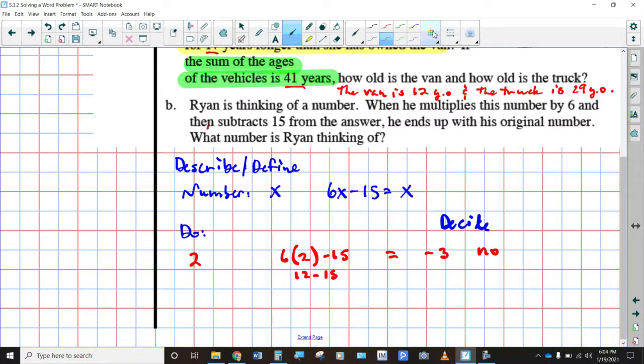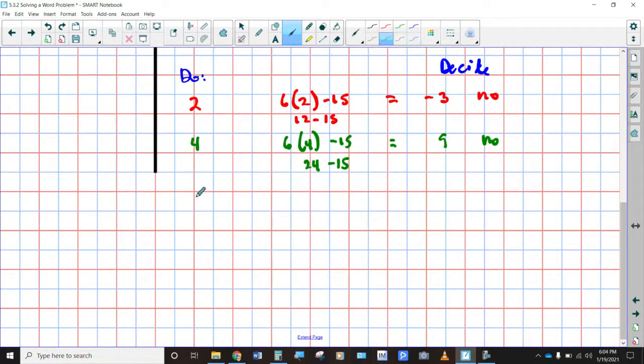So let's try it again, and I'm going to change colors here. Let's try the number 4. If we take 6 times 4, what do we get? 6 times 4 is 24, and 24 minus 15 gives me 9. That does not work either. And this is too low, right? This is too high. So let's try it again. This time, let's go to the number 3.